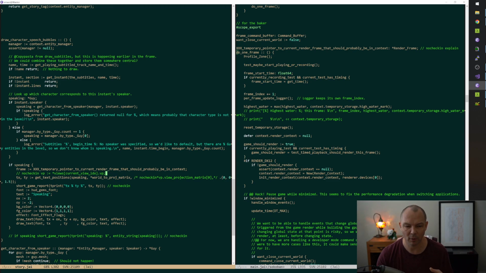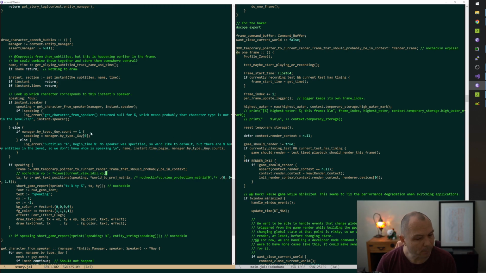So we'll just talk about it and make sure that this makes sense and is what we want. I think it is. Anyway, eventually this won't be a global. It'll be in this language feature thing called the context, right?